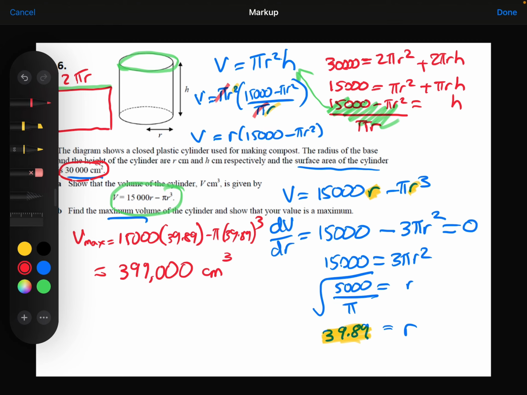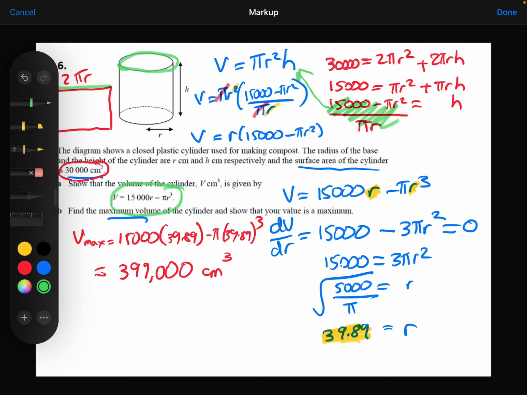I don't think I need to be more accurate than that. I've rounded that. The actual number on your calculator displays should be 398,942. But to three significant figures or nearest 1,000, it's that.